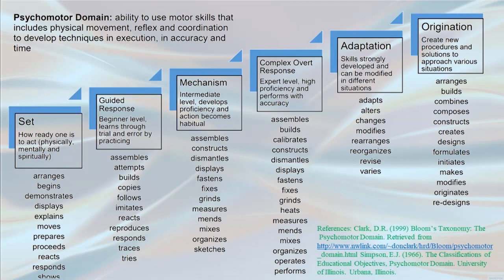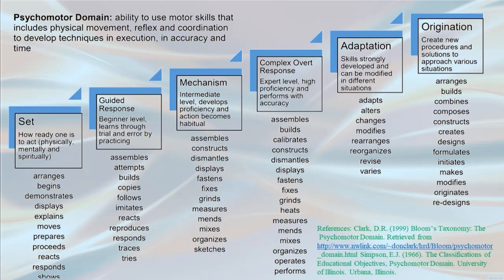Another thing that I have to mention here is most of the time we can determine the level for cognitive and affective domains from the verbs we use for writing objectives. For example, if we use the verb list, it shows the first level of the cognitive domain.